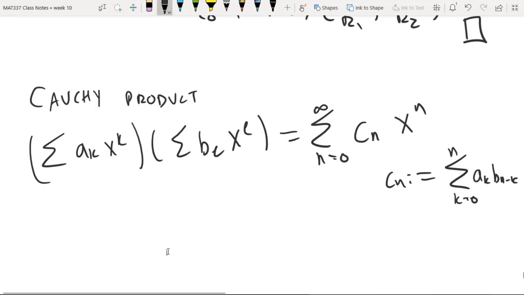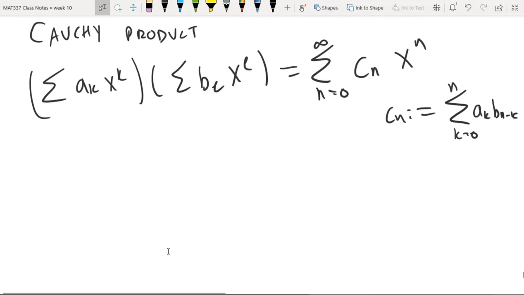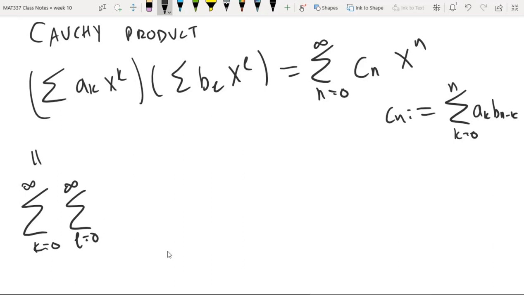Okay, let's do this. So we start from the left-hand side, the sum over k and then l, and you have a_k, b_l, and then x^{k+l}. That's really the key point, that you get a sum here.